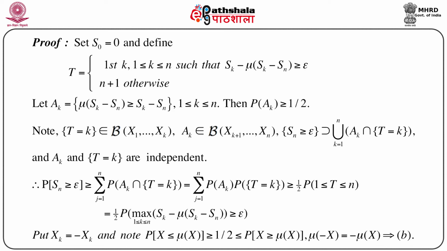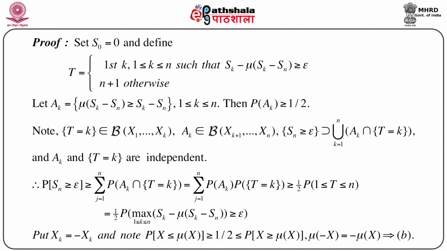Now if we replace Xk by minus Xk, and note that the probability of X less than or equal to mu(X) is greater than or equal to half, which is less than or equal to the probability X greater than or equal to mu(X), because mu(X) is the median, and naturally mu(-X) equals minus mu(X), then we apply this same inequality that is given in part A of the inequality statement, and we just add them.